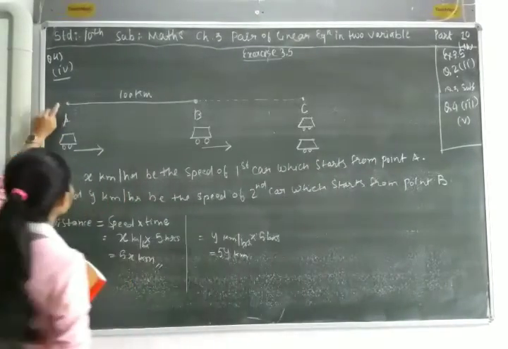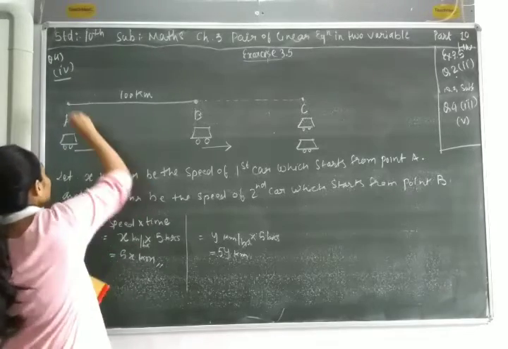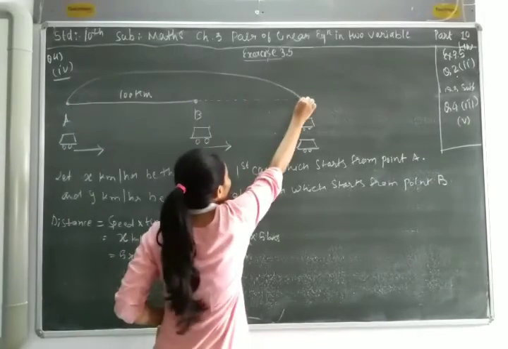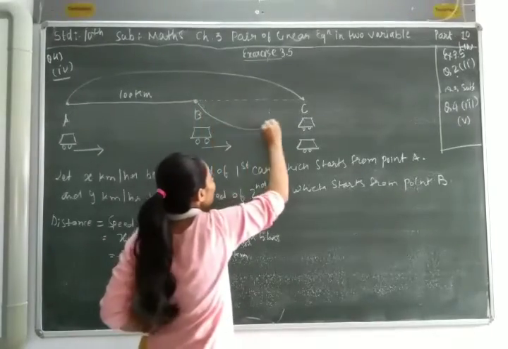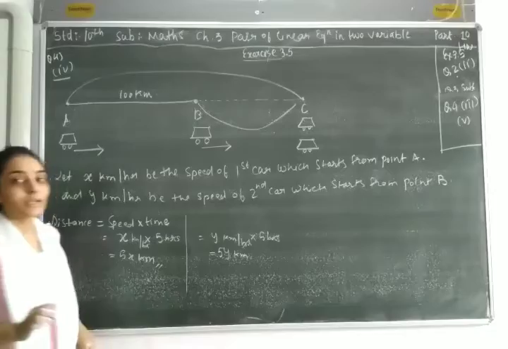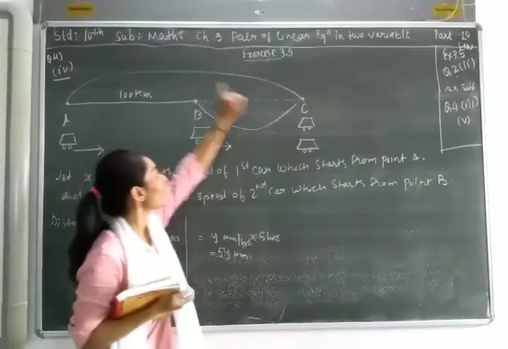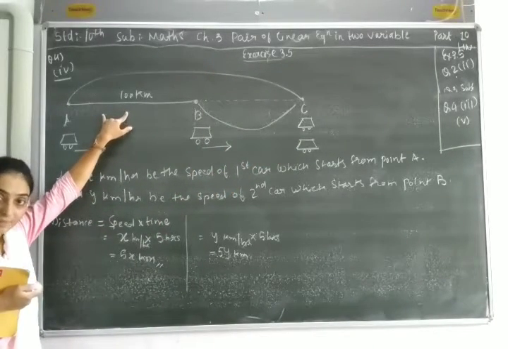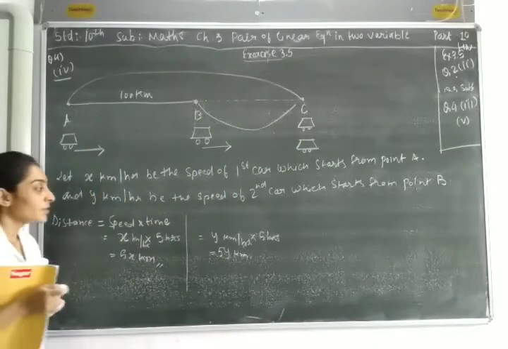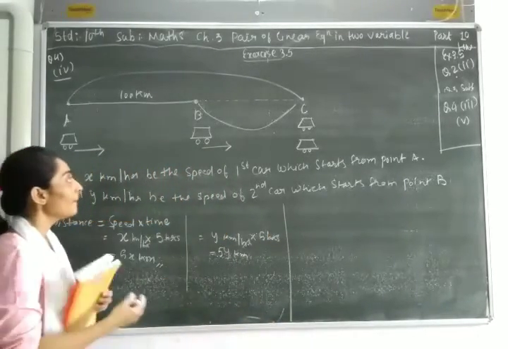It means the first car travels from point A to C and the second car travels from point B to C. What is given over here? If we subtract AC minus BC, we get our 100 kilometer distance. So what is the equation over here?